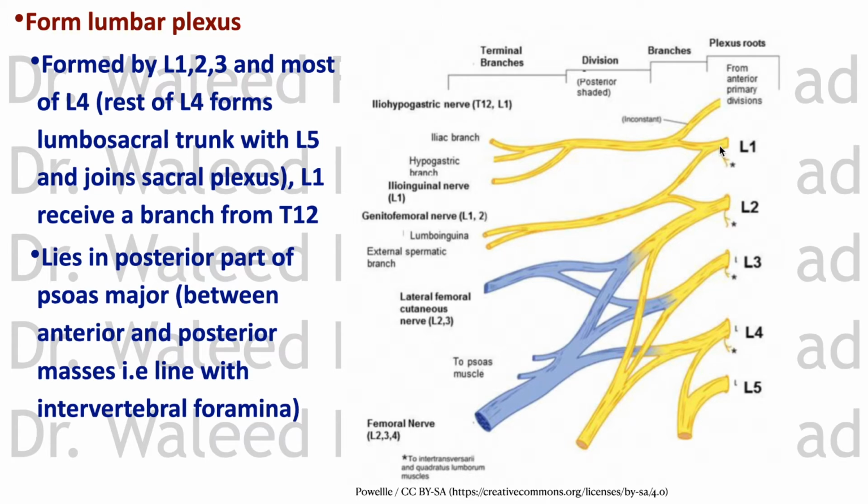So the nerves grew out of the spinal cord and found themselves in the substance of the psoas major. The rest of L4 forms the lumbosacral trunk to the sacral plexus, and L1 receives from T12.